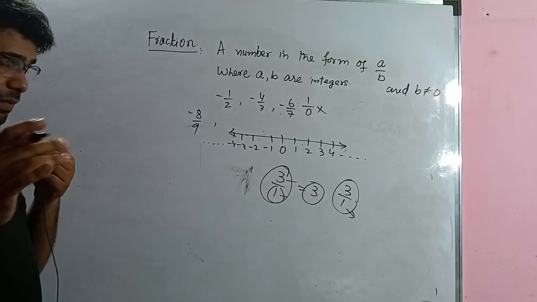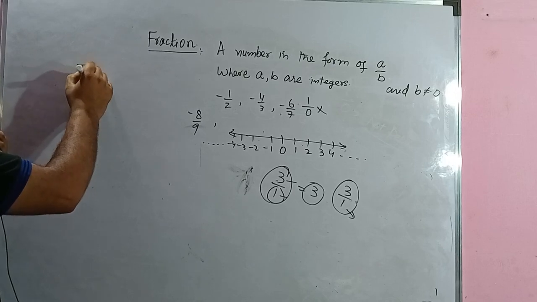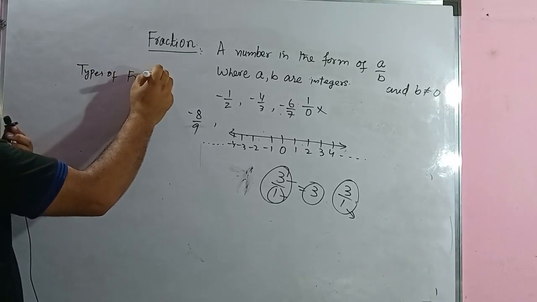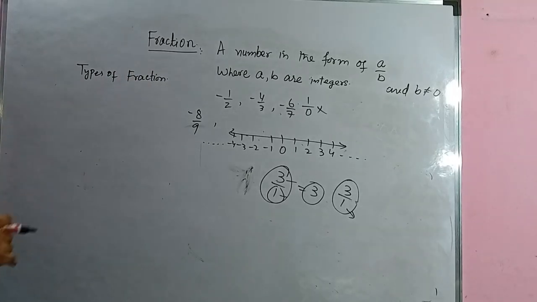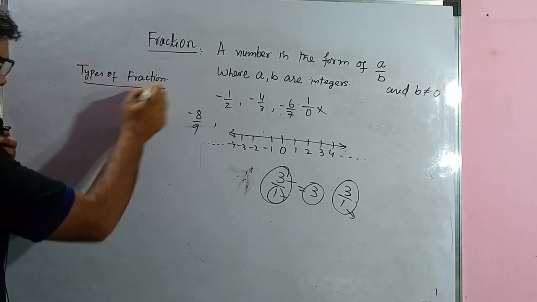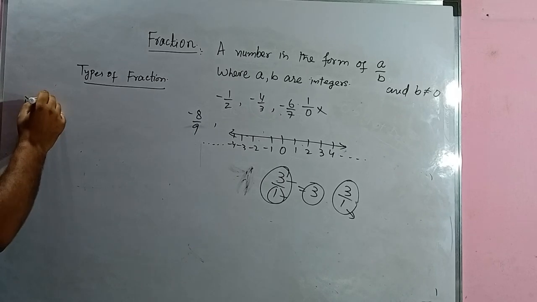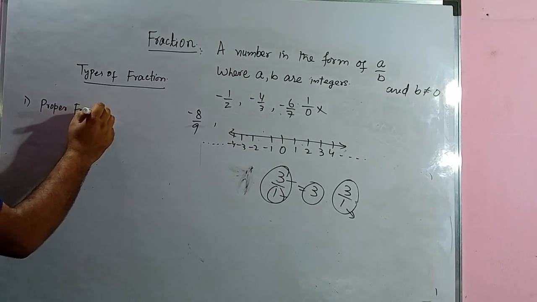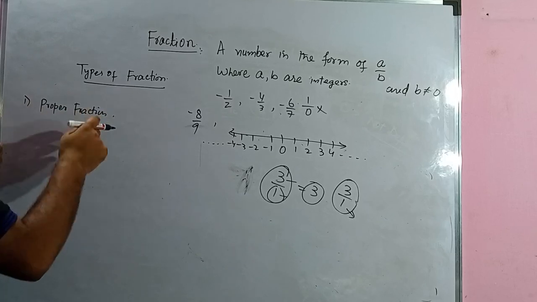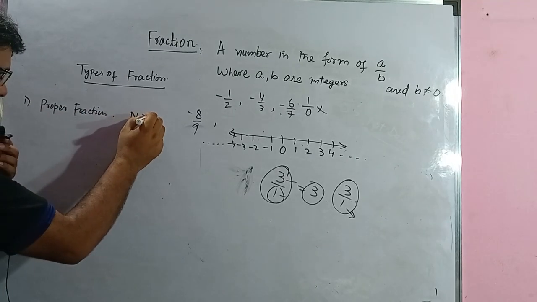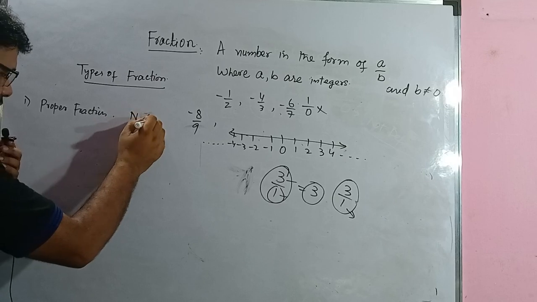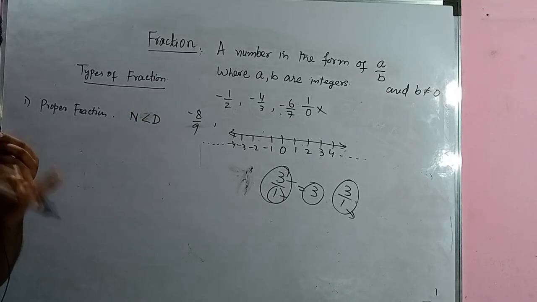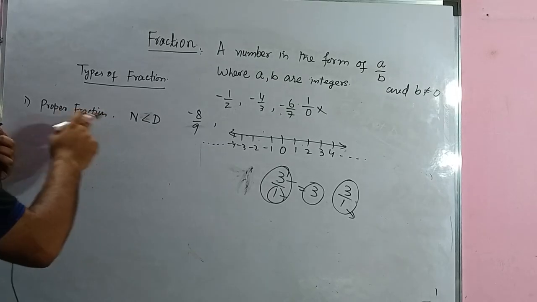Now we will see the different types of fraction. The first one is the proper fraction. Proper fraction means that in a fraction the numerator is less than the denominator.